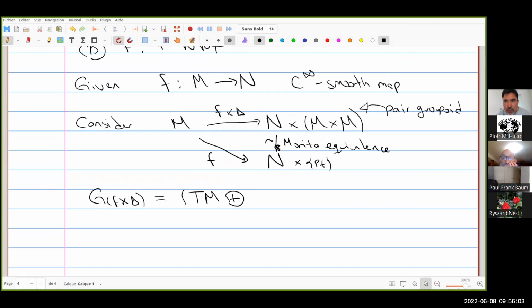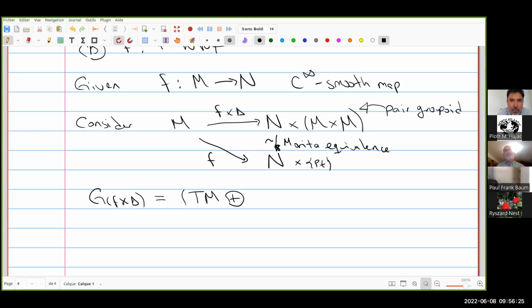Okay, so Paulo, before you continue, your M and N are compact, right? If not, your F has to be proper, right? Yes, in fact, for the moment they are not, but for index theory purposes, later on they will be, when the group will act.